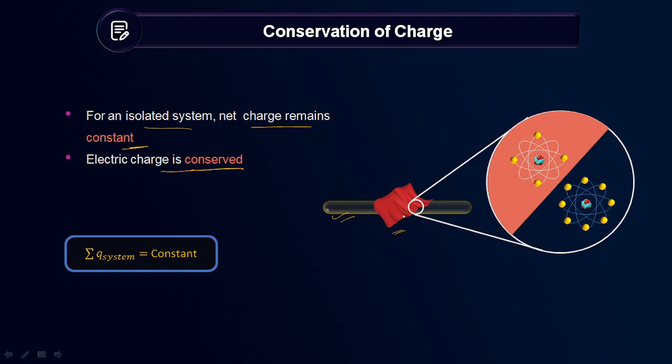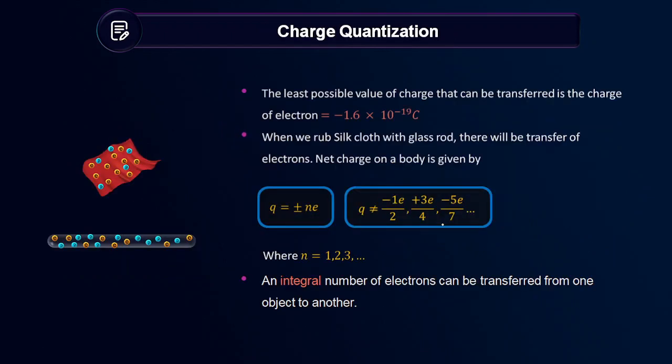When we rub them together, some charged particles, or electrons, get transferred from the cloth to this rod, and as the cloth loses electrons, it gets a positive charge, and the rod receives the charge, so it becomes negatively charged like this. But if you consider this complete system, whatever number of electrons and protons were there, the net charge will be how much? 0 only, right? So that is nothing but conservation of charge.